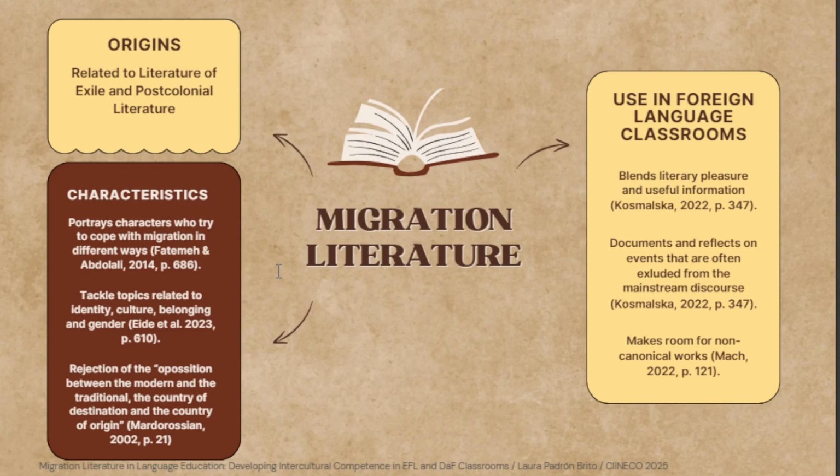It tackles topics such as identity and its construction, culture, belonging, and even gender. What's notable about migration literature is that it blends the concepts of modern and traditional, and it makes way for a wider definition of nations and cultures.